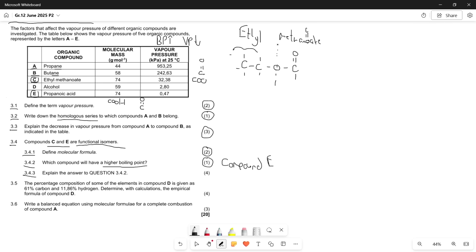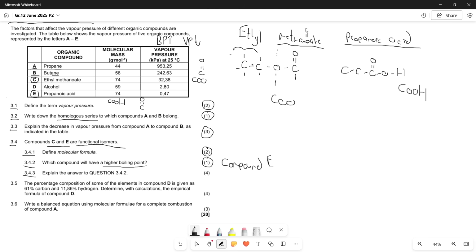So we have our ethyl methanoate, and then our propanoic acid, very similar. We just have meth, eth, prop, and then we have our double bond O, and then an O and an H. And this is where our COOH lives, and this portion over here is where our COO lives. And this is our propanoic acid.